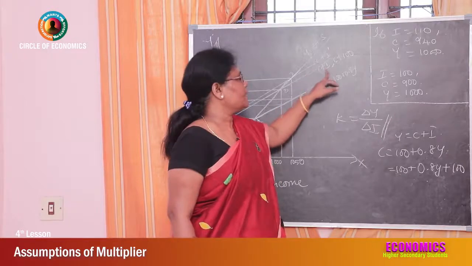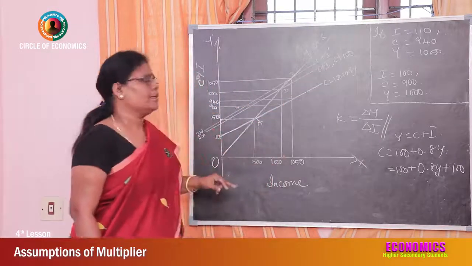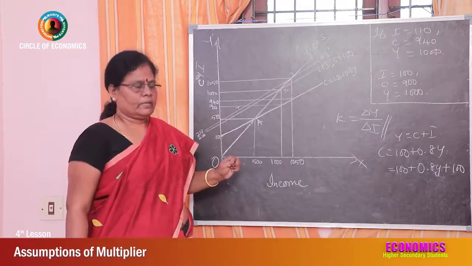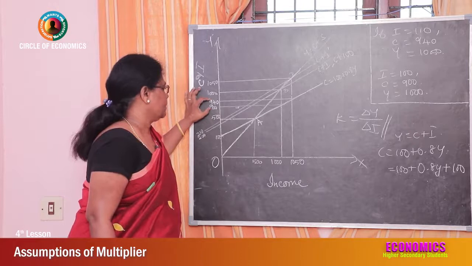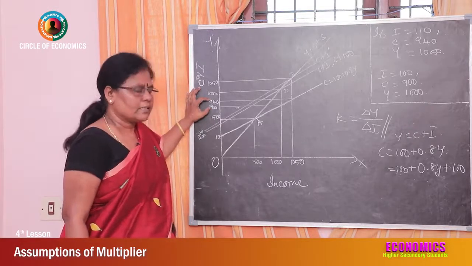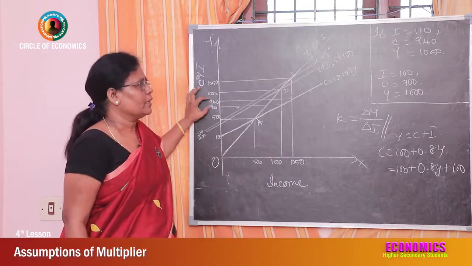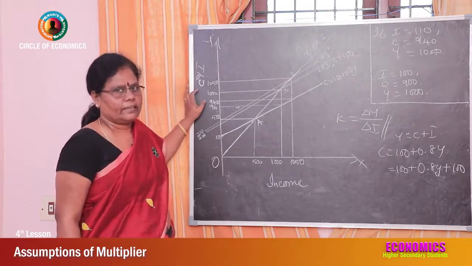Second line is C plus I, because investment increases to 100 crores. Then what happens to this expenditure? That is consumption expenditure, isn't it? Yes, C increases from 900 to 940 when investment increases to 110.